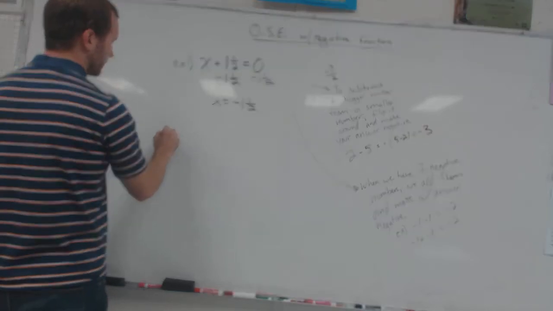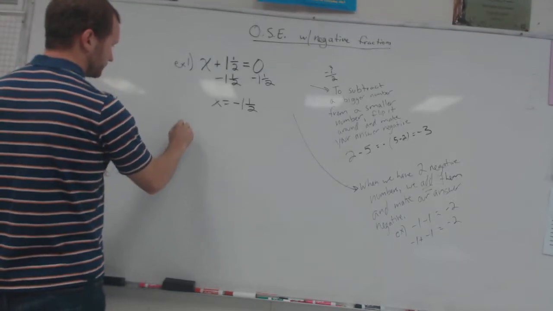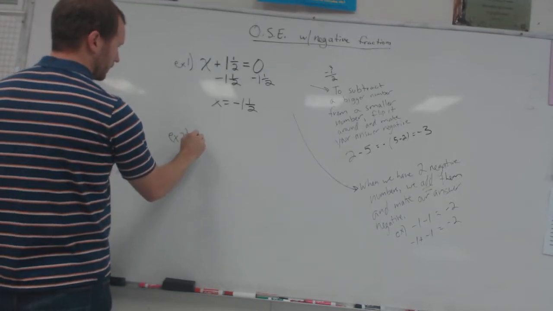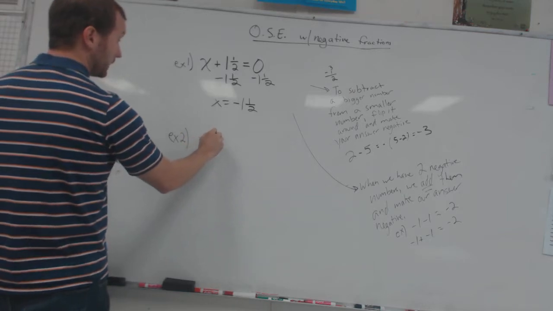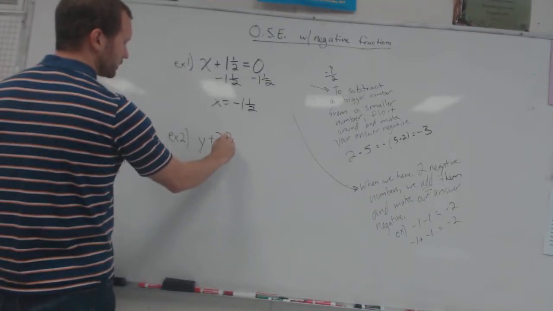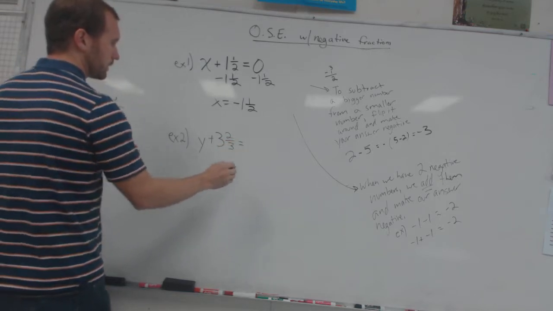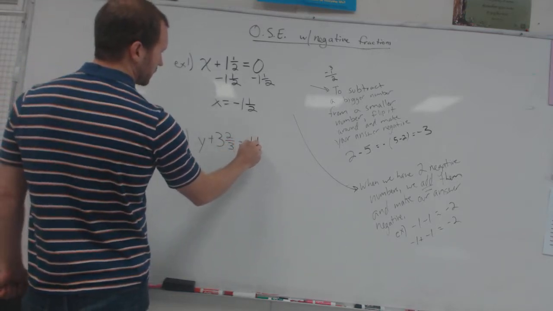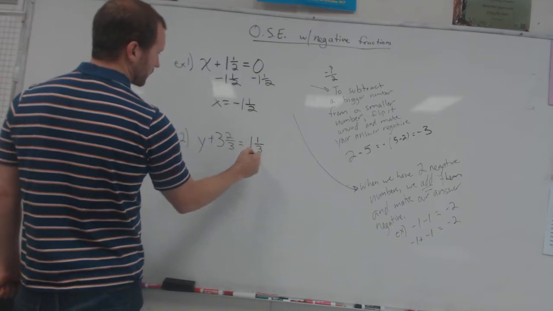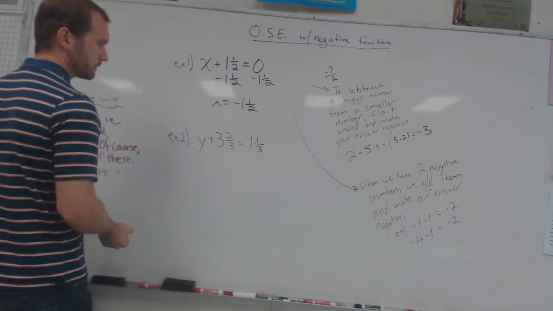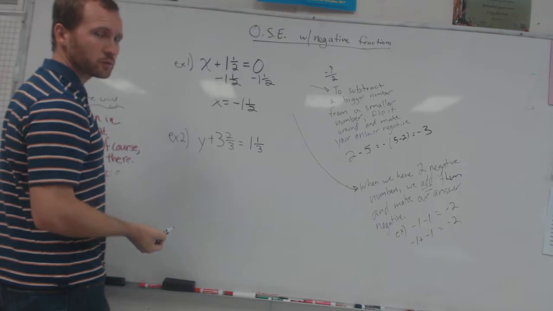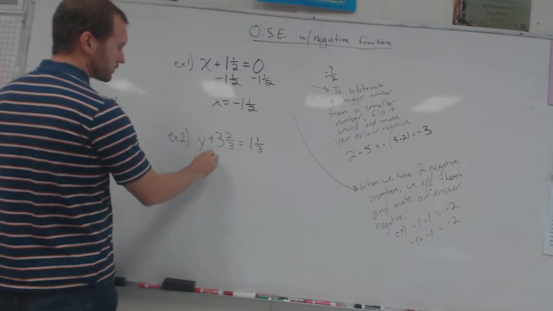What if I had this? y plus 3 2/3 equals 1 and 1/3. Now we're going to have to remember those rules. I'm going to subtract 3 2/3.